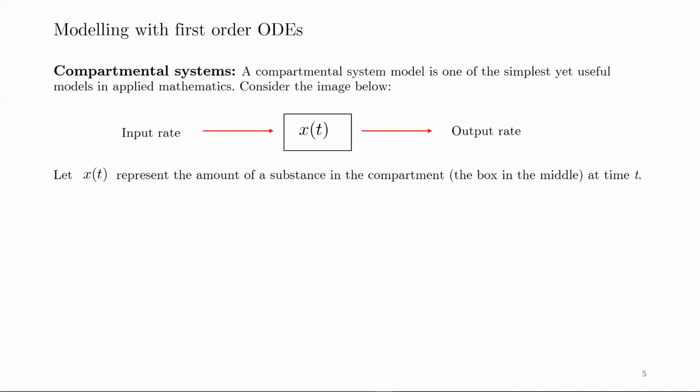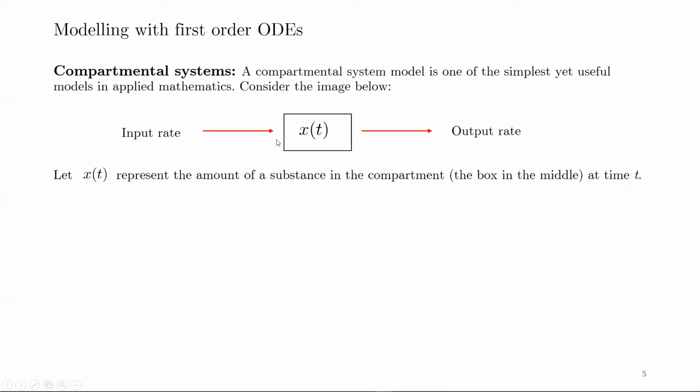So we're going to let x, which is a function of time, so I'm going to write it x of t like so, represent the amount of a substance in the compartment at some time t. Perhaps if we think of this as pollution in a river, there is some input, let's say washing over the land into the river.